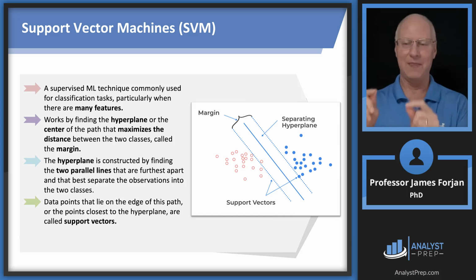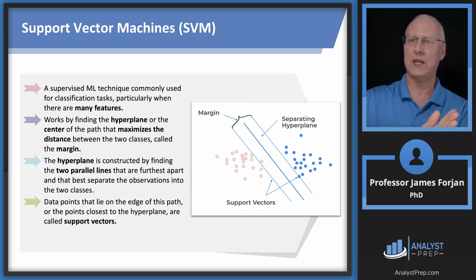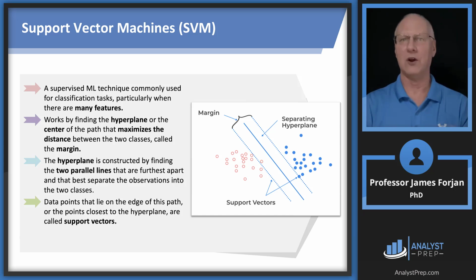This is kind of a perfect example: notice there's one blue dot and one red circle dot that are on the dotted line. Those are called the support vectors. Essentially, the greater the distance between the support vectors and that hyperplane, the greater the support vector machine's ability to separate these observations based on their features.